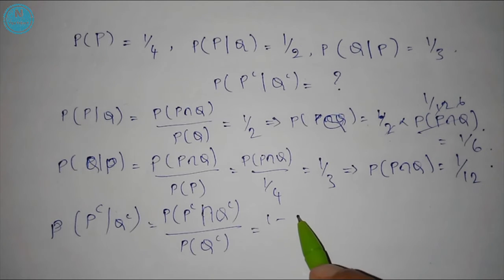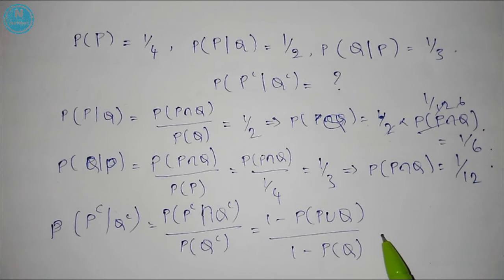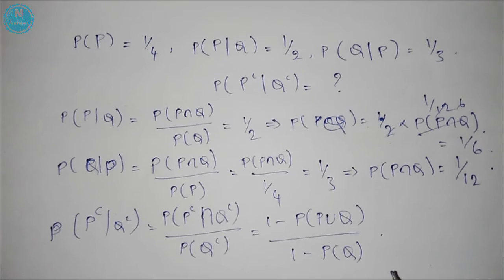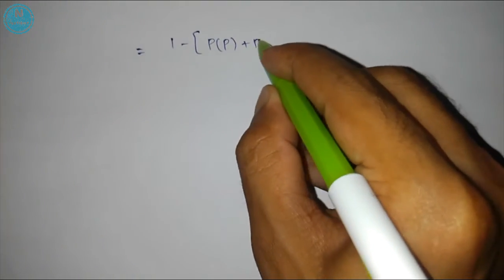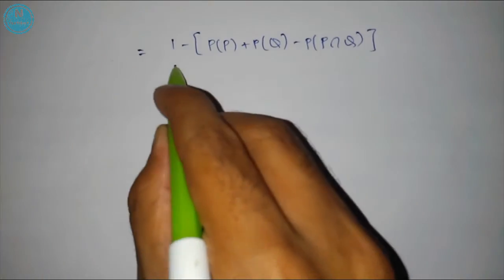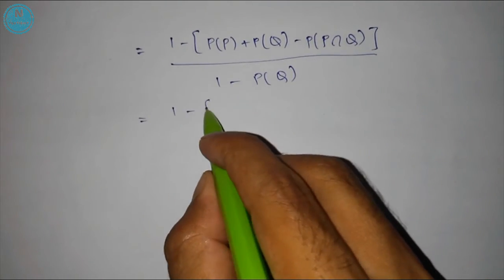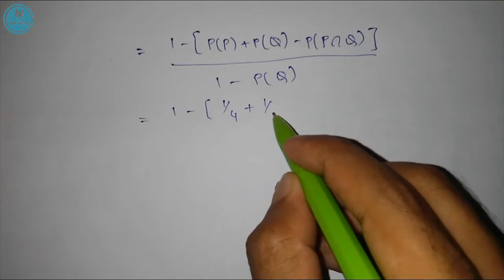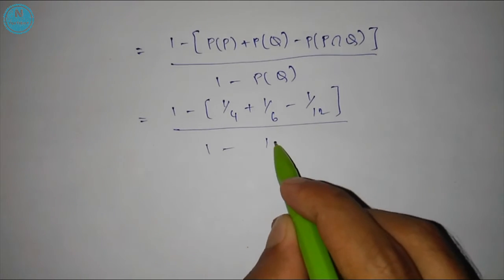So write in 1 minus P of P union Q by 1 minus P of Q. That is equal to 1 minus P of P plus P of Q minus P of P intersection Q by 1 minus P of Q. Substitute the values: 1 by 4 plus 1 by 6 minus 1 by 12 by 1 minus 1 by 6.